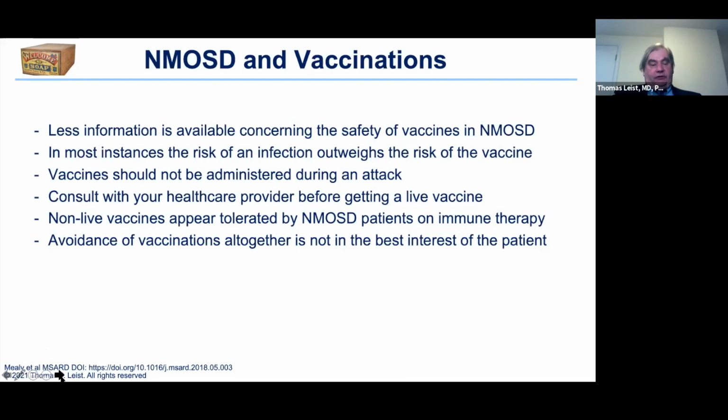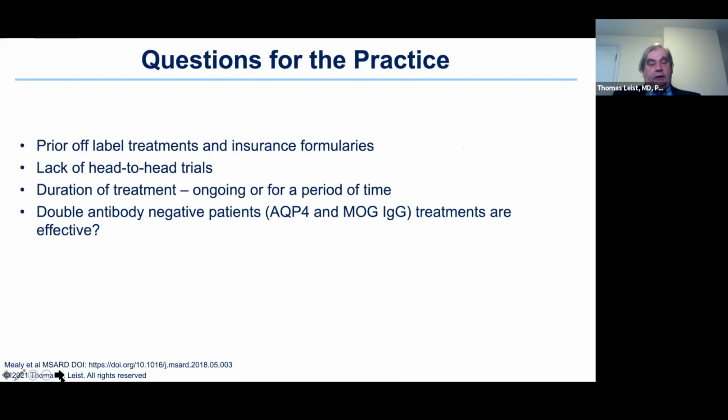Having said all of this, there are obviously practice questions that are important in neuromyelitis optica. One important practice consideration is how we integrate, now that we have 3 treatments approved, what the patient has been on before these treatments were available.